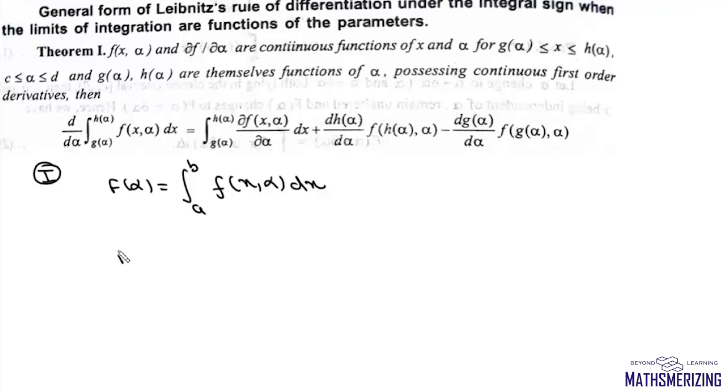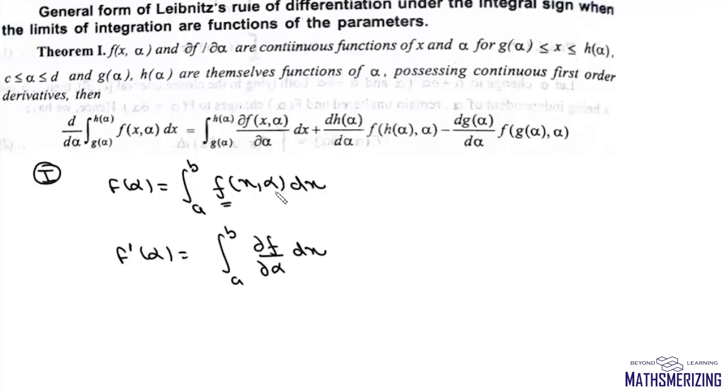Now if we differentiate this function, we can write F dash alpha as the integral from a to b of the partial derivative of f with respect to alpha, so it will be del f upon del alpha into dx.